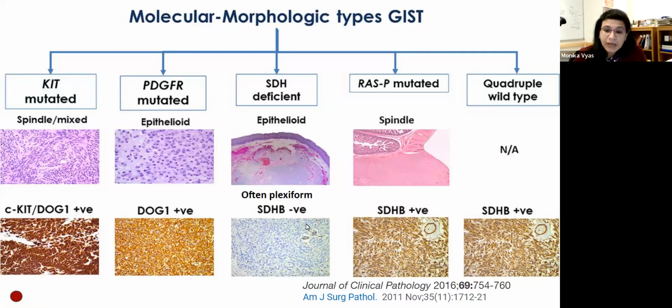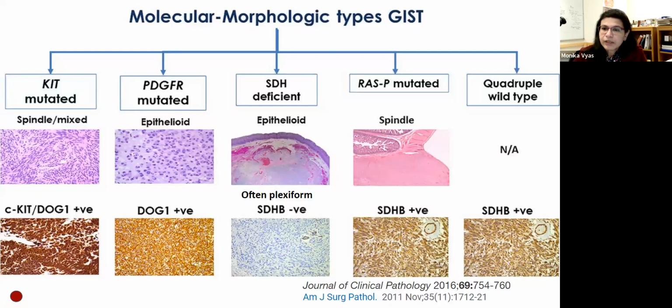So that would be one clue when these patients present with a very epithelioid looking GIST. Definitely do SDHB immunostain to detect any SDH deficiency. And these often have a very plexiform growth pattern. So that would be another clue to look for SDH mutations in these cases.